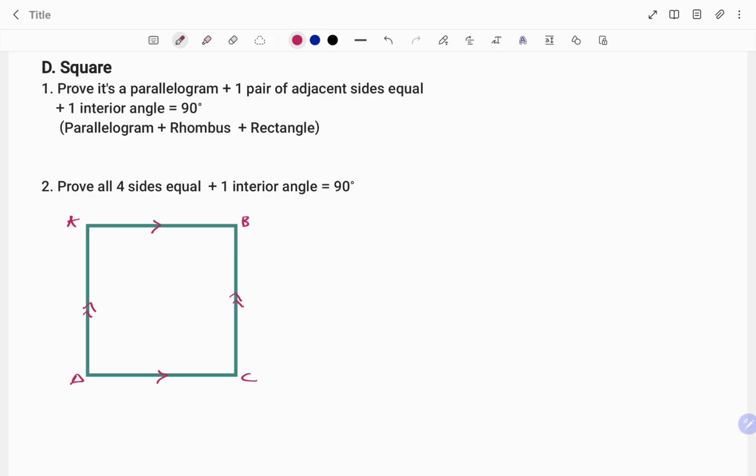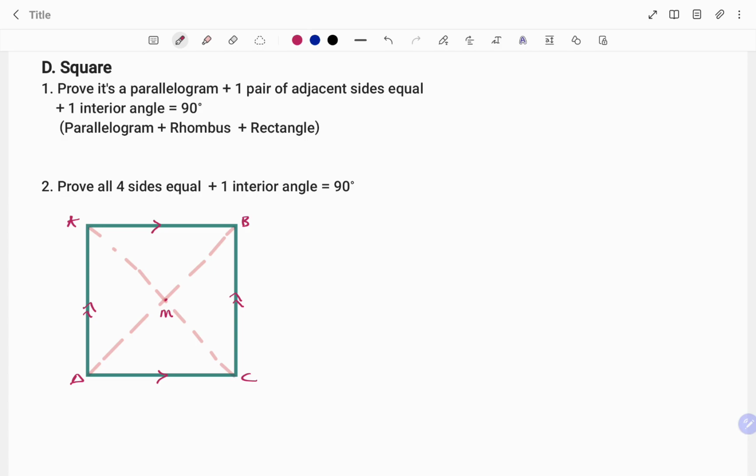You can also prove that opposite sides are equal, and you can prove that the diagonals of the square bisect each other at midpoint. So what that means is you have the diagonals DB and the diagonals AC as shown.